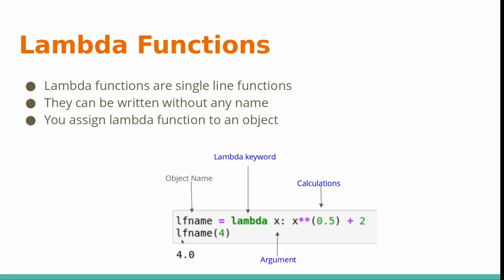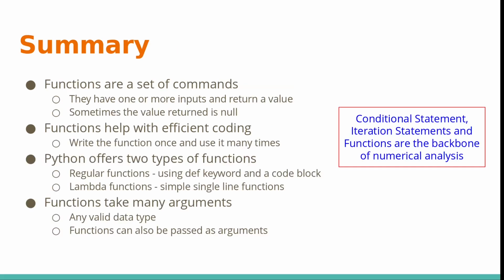So in summary, functions are nothing but a set of commands. They have one or more inputs that yield one or more outputs. Functions are a very efficient way to write code. You write the function once and you can reuse it many times. Python offers two types of functions: regular functions, which are defined using a keyword and a code block, and lambda functions, which are simple single line functions.